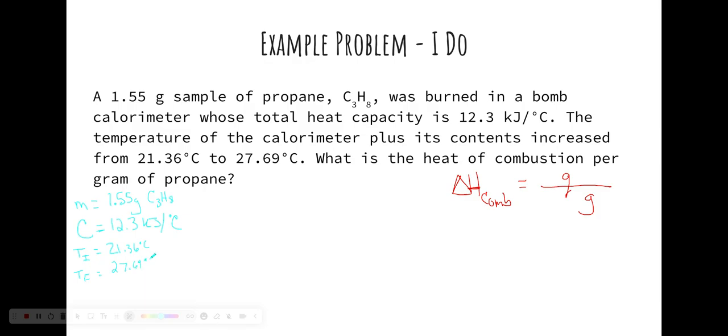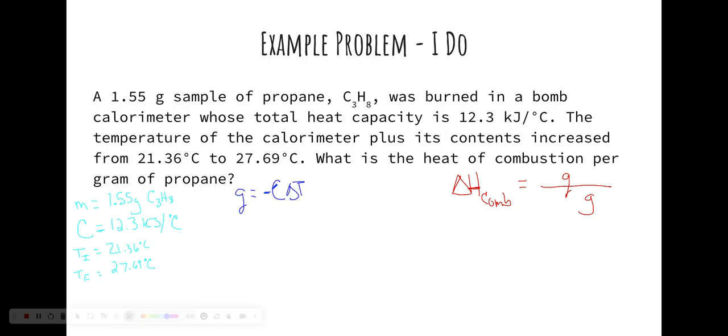Okay. So since this is occurring in bomb calorimetry, in order for us to calculate the heat exchange, we need to use Q equals negative capital C times the change in temperature.